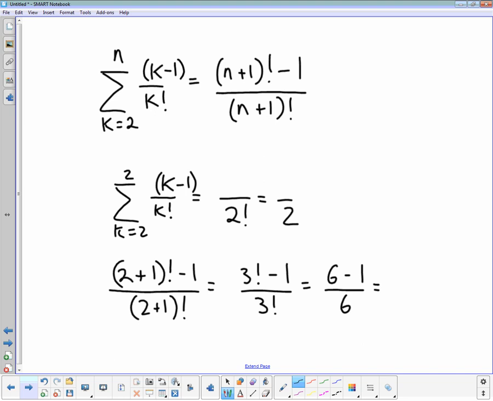So if you look at those terms, it's 2 over 3 factorial, 3 over 4 factorial, right? So this becomes 2 minus 1, which is 1/2. All right, and now I wind up with 5 all over 6, which is not the same. Base case fails. Done.